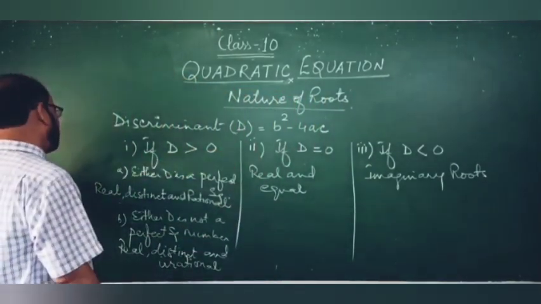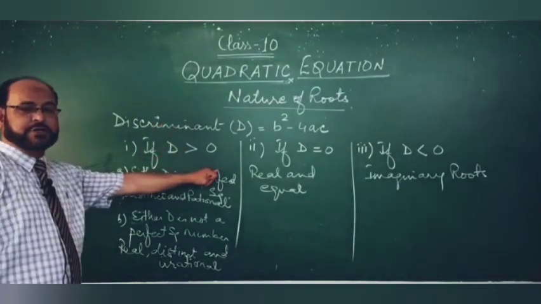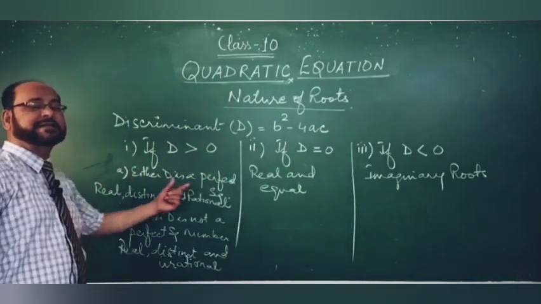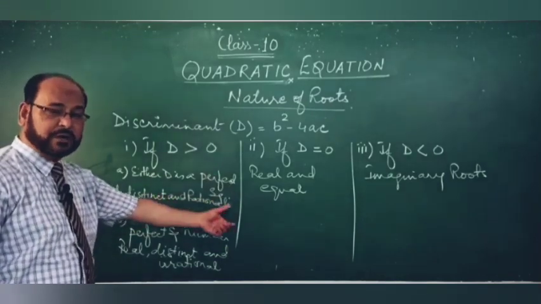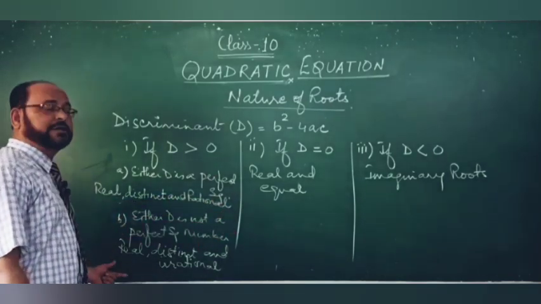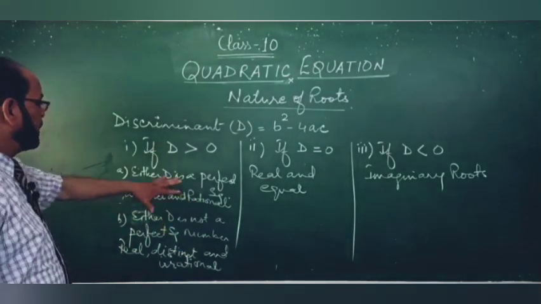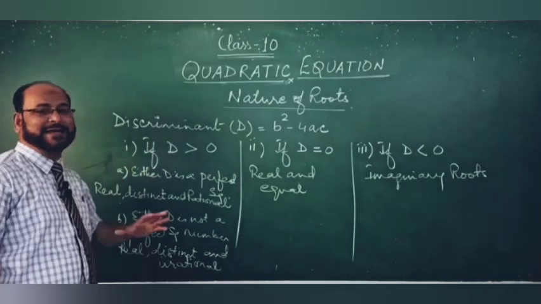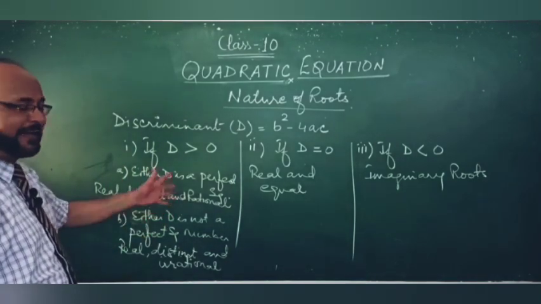If the discriminant's value is greater than 0 and it is a perfect square, the nature of the roots will be real, distinct and rational. If it is not a perfect square, then the nature will be real, distinct and irrational. Let me clarify the meaning of distinct: distinct means different. The two roots will be different.